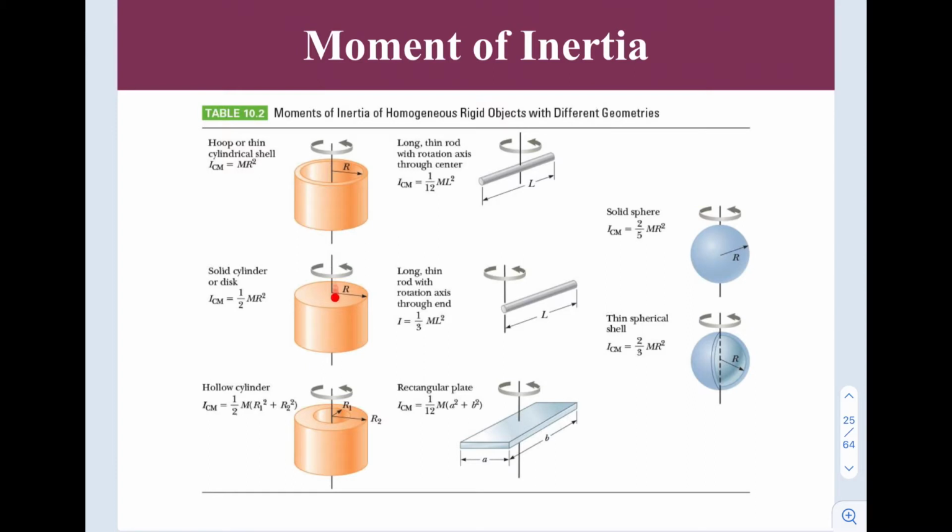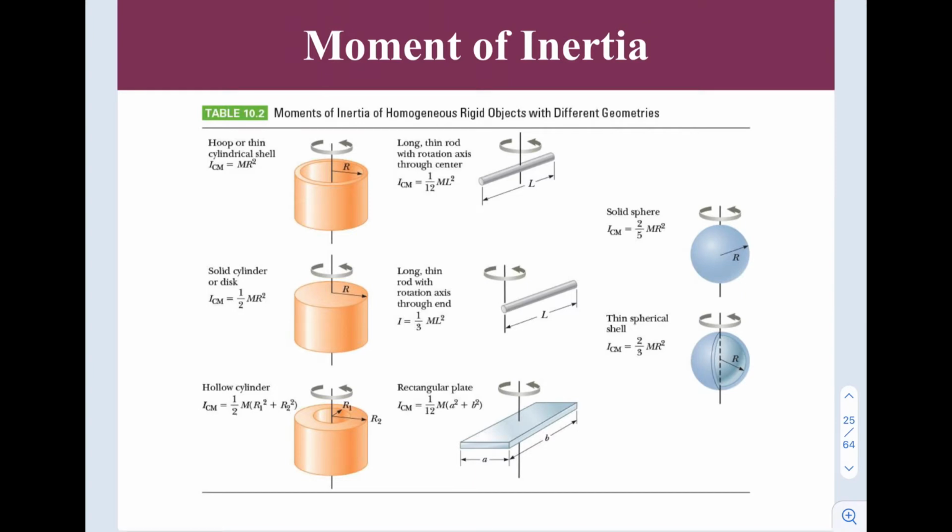For a solid cylinder or disc, with the axis of rotation at the center, I is equivalent to half m r squared. And for a hollow cylinder, I at the center is equivalent to half m in brackets, r1 squared plus r2 squared.